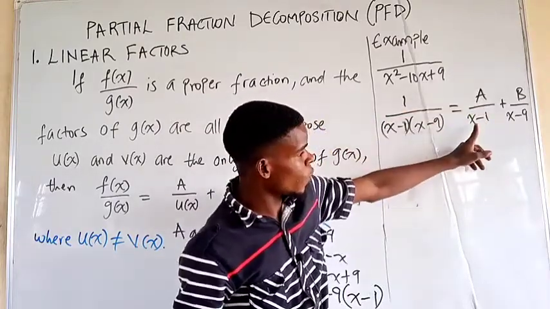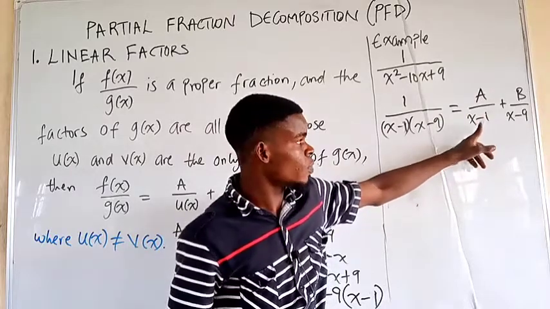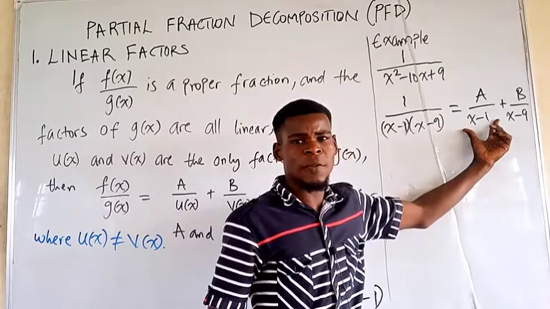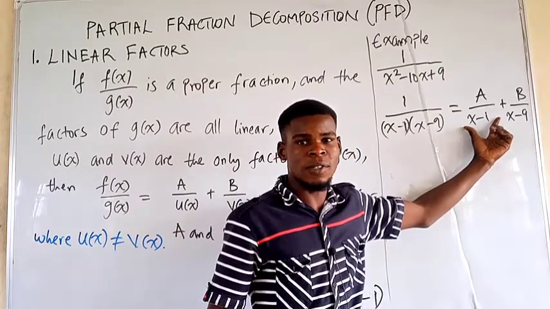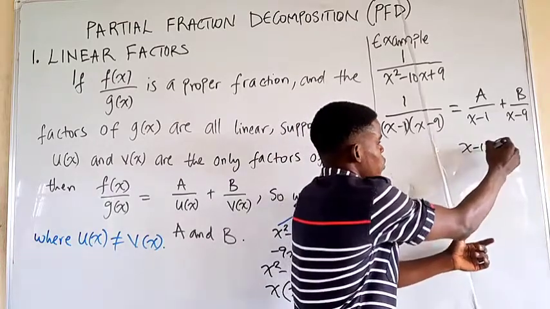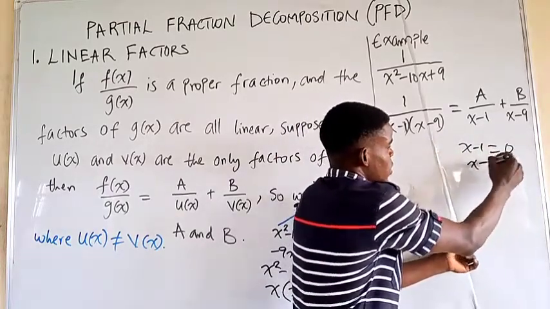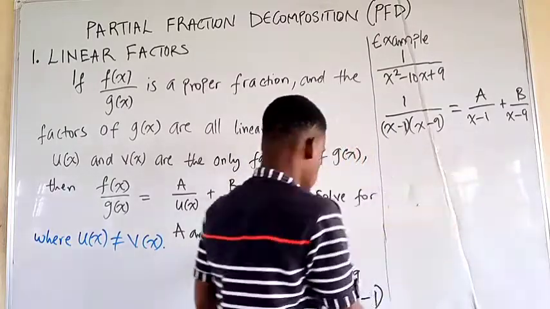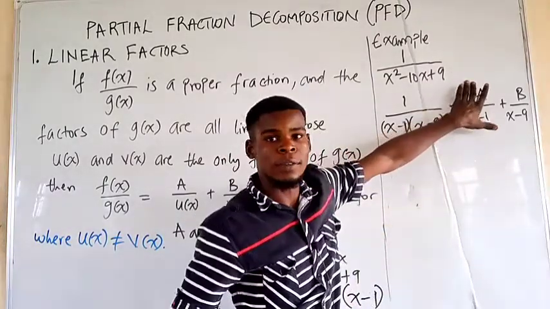So what is the value of x such that x minus 1 will be equal to 0? The value of x is just 1, right? If x minus 1 should be 0, it means that x is equal to 1 by moving 1 to the right hand side.